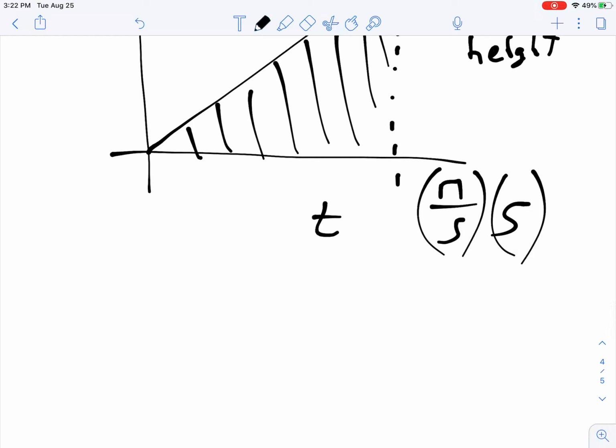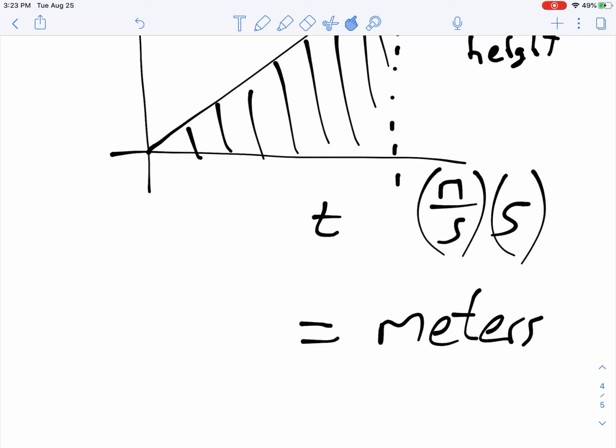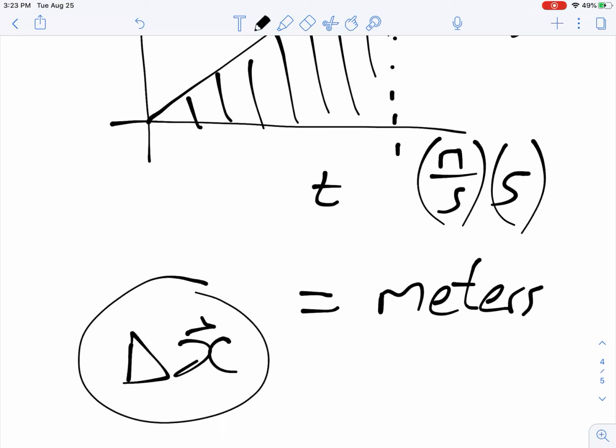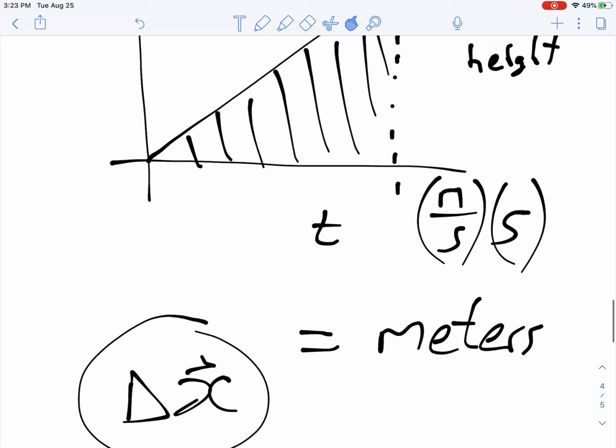Well, meters per second times seconds gives us the units of meters. So the area underneath the curve on a velocity time graph has the units of meters. Well, guess what? So does displacement. That also has the units of meters. That means the area under a velocity time graph is displacement.